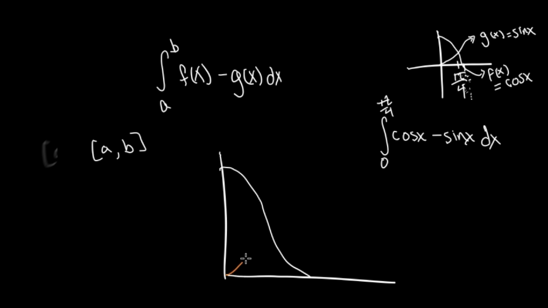So we say this is our sine function and this is our cosine function, right? So what we're doing here is we're taking the area below the curve of our top function, which would be cosine, which would be all this area below the curve.